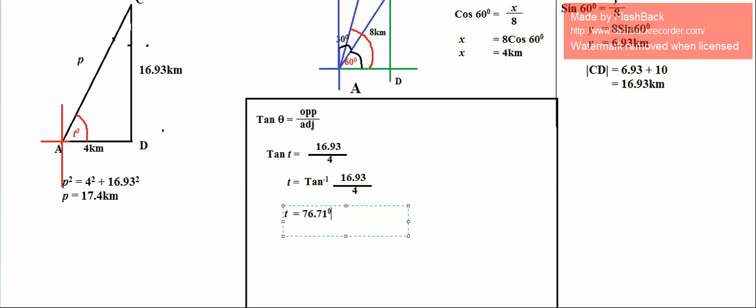In that case, let's look at the requirement of the question.